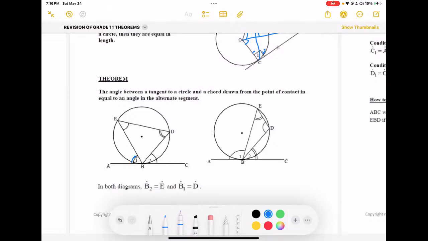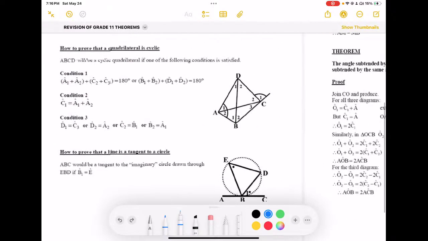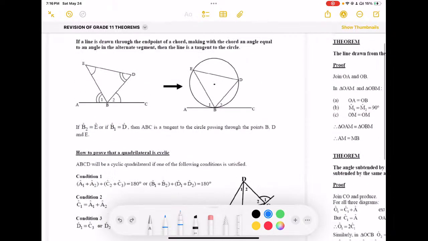So here you can see this chord and the tangent here. This one is equal to the angle subtended by this chord on the other segment. Obviously that chord is subtending that angle there, right? So that is our tan chord theorem. We have to remember and understand our tan chord theorem, right?